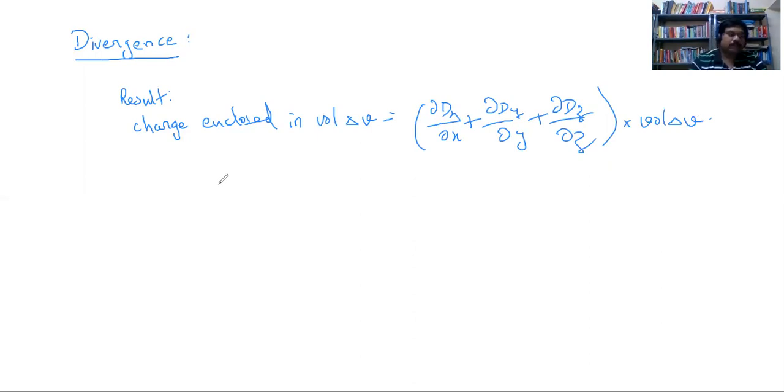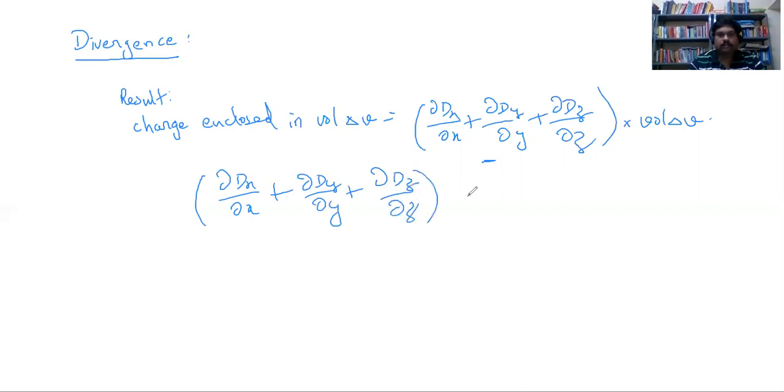So continuing further, what I will do is I will take this part only. ∂Dx/∂x plus ∂Dy/∂y plus ∂Dz/∂z. So this is equal to what? Charge enclosed divided by volume delta V. Correct?